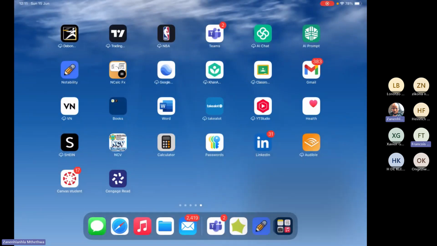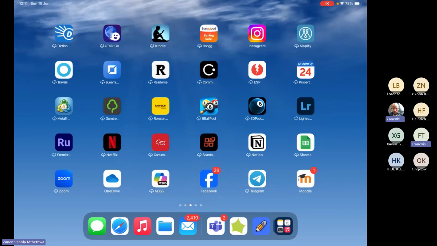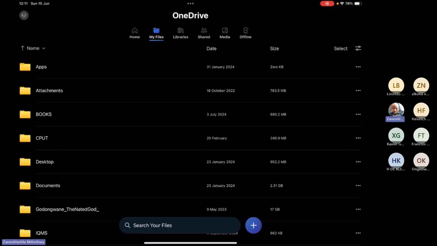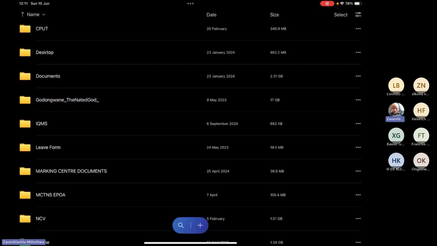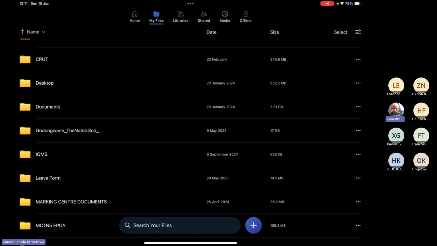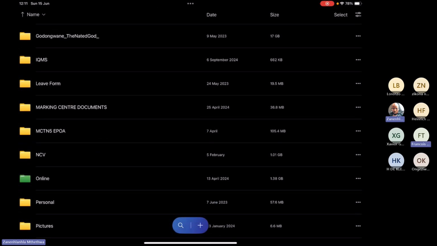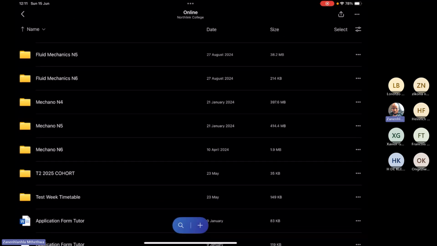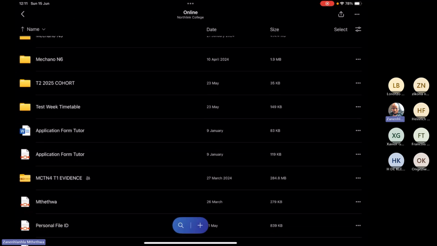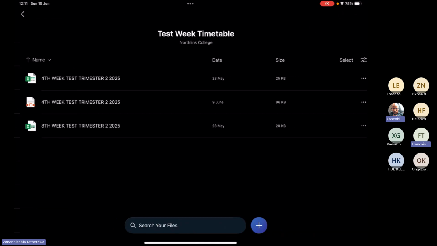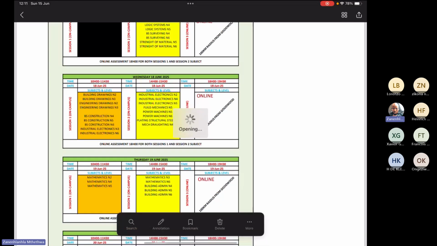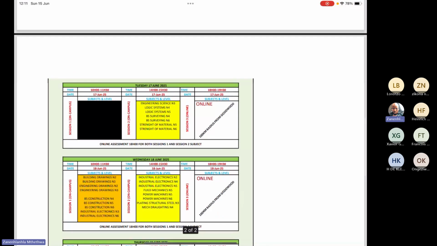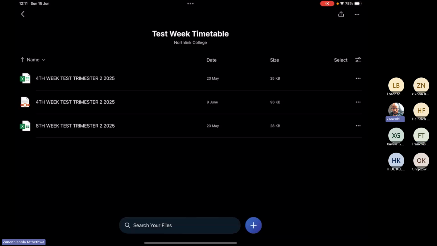The second one, the eighth week, is it still going to be the same? I will confirm. Normally, the 8th week we do not move, so that should still be the same. We cannot move the 8th week test. This one is Tuesday, and the 8th week remains the same.